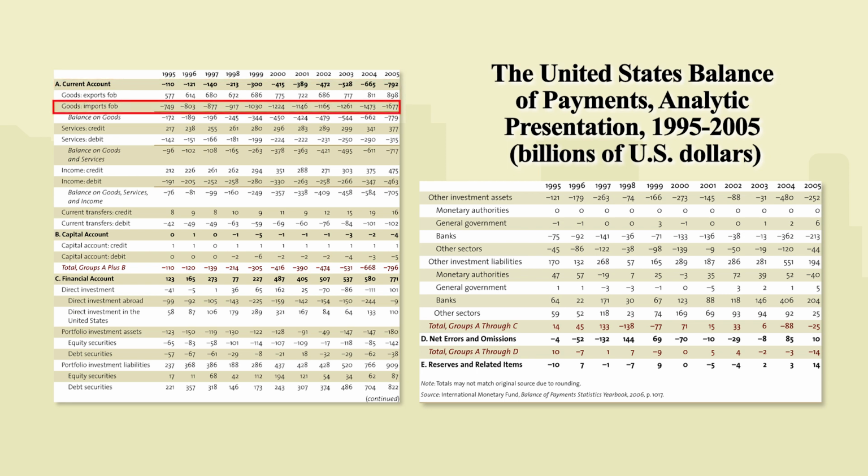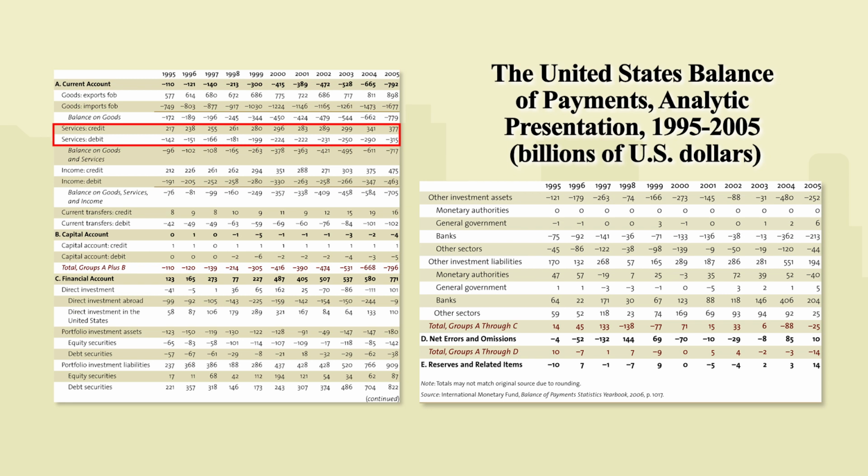Net goods trade was negative, meaning the U.S. was a net goods importer. Service exports and imports increased. Net service trade was positive, meaning the U.S. was a net service exporter. Net primary income was positive, meaning income flowing to the U.S. was more than flowing out of the U.S.